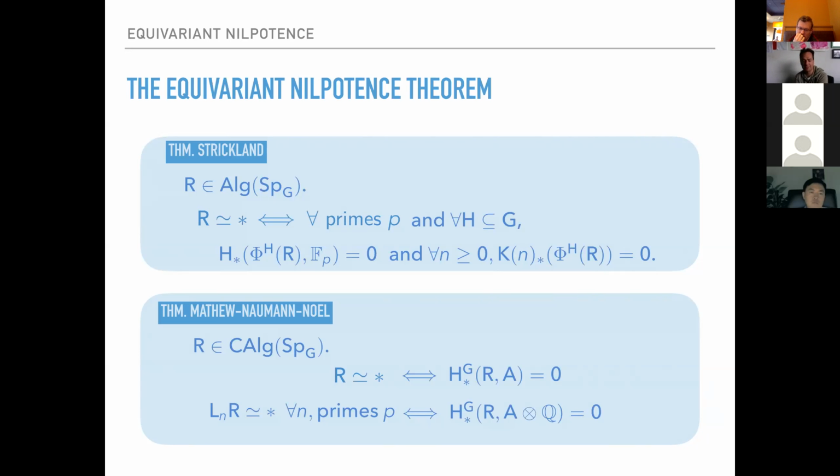Because there's always somehow pi naught of this thing admits a map to Z, pi naught of the geometric fixed points of A. So then you can just reduce to the previous result. I didn't really expect everyone to follow that, but it's pretty easy. You can work it out.